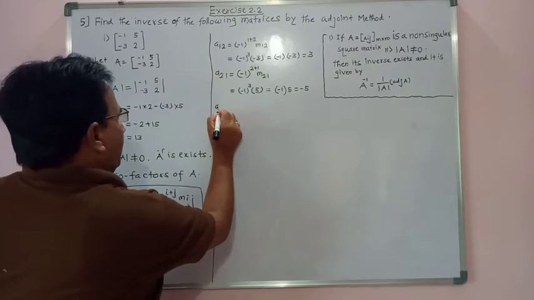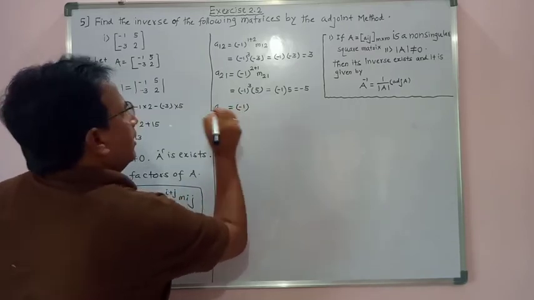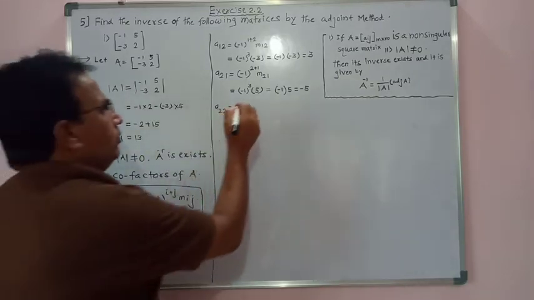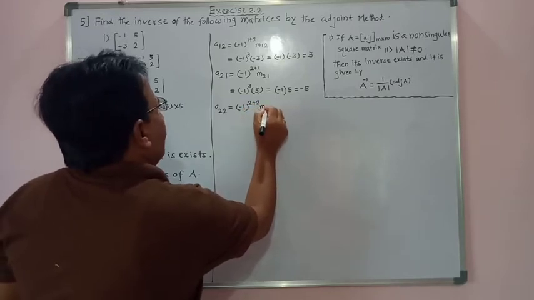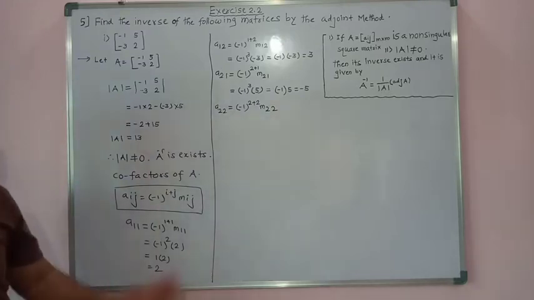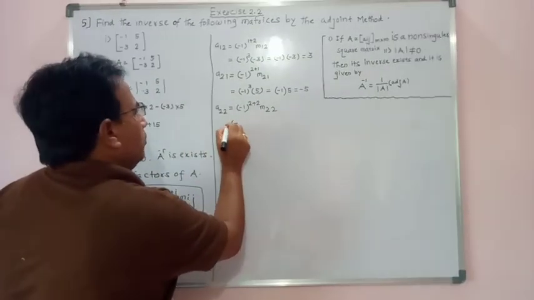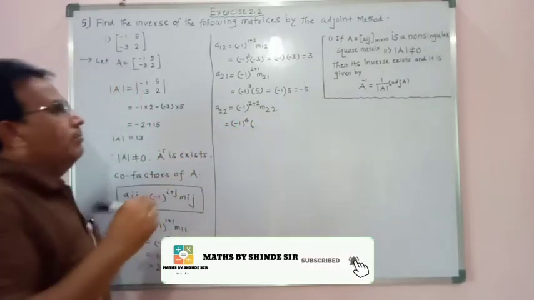And last cofactor A22 equal to -1 raised to i plus j, where the value of i is 2. 2 plus 2 into M22. -1 raised to 2 plus 2 is 4. -1 raised to 4 into M22.